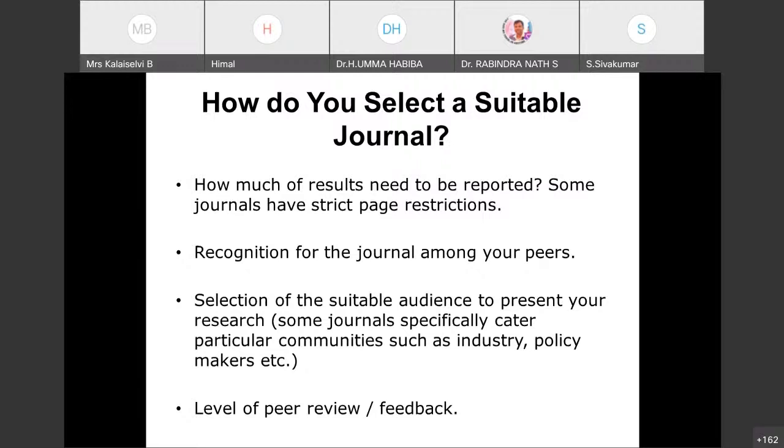Some journals specifically cater for particular communities such as industry, policymakers and so on. And also another thing that you can consider is the level of feedback. So the higher the reputation of the journal, the amount of feedback that you will get has a higher correlation to be high and so on.